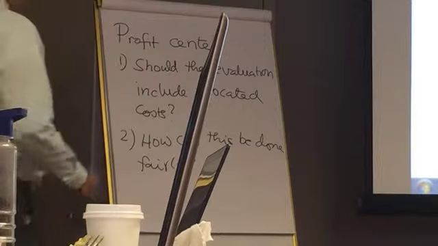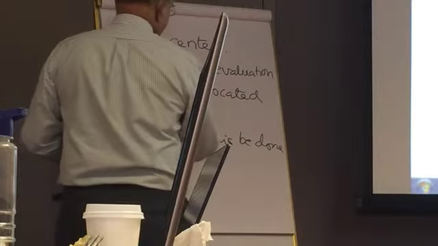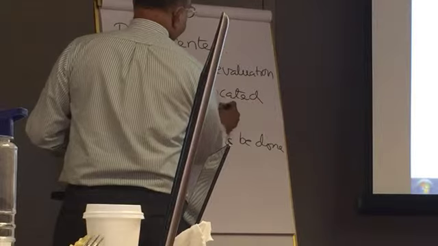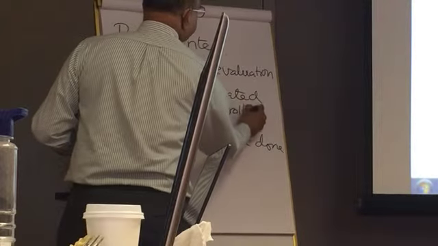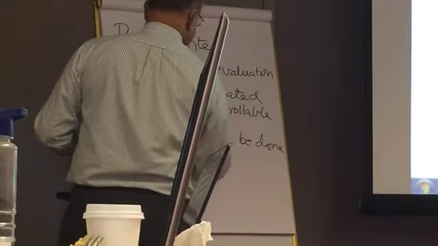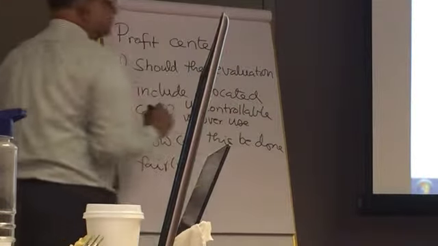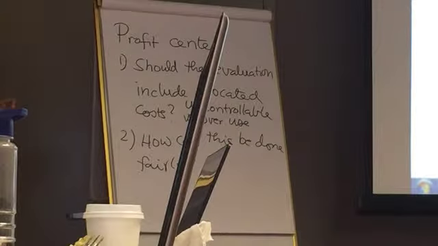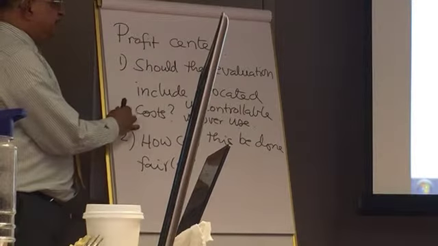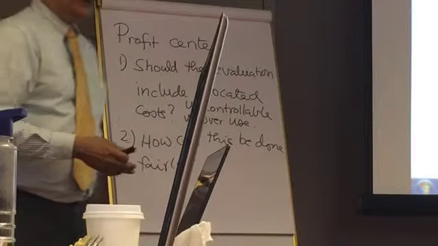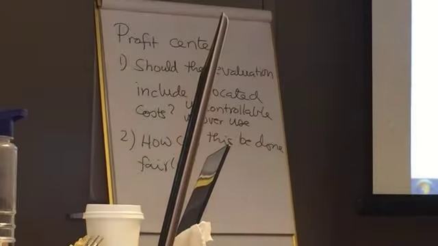So here the tension is that we have this thing that the manager cannot control it, but if you don't allocate them, they might overuse these costs, and that's another problem.